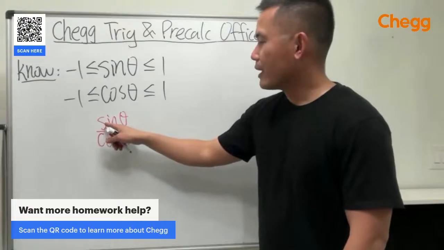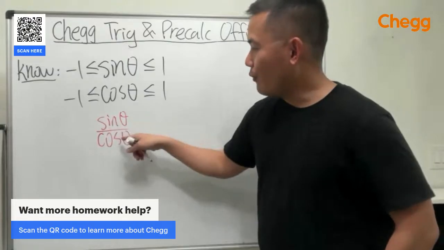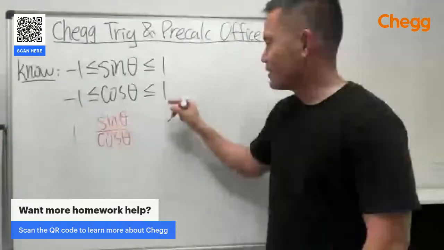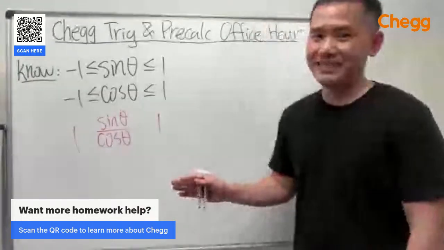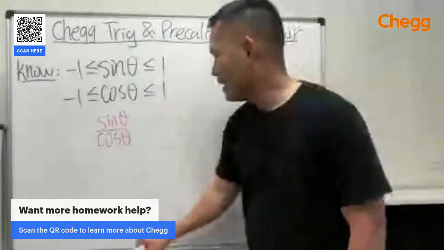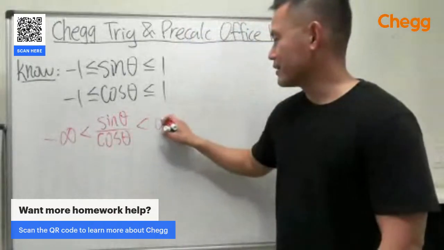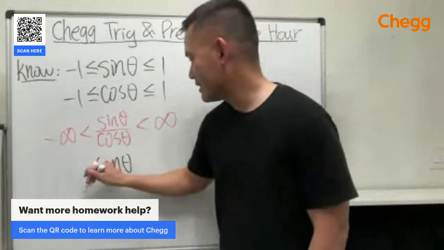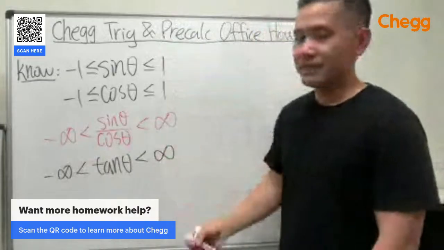Sine over cosine, it looks like it's 1, this over that is 1, but no, you cannot do that. Inequalities are tricky sometimes. In fact, you can write it like this: negative infinity to positive infinity. And that's of course for tangent. So the range for tangent is all real numbers.